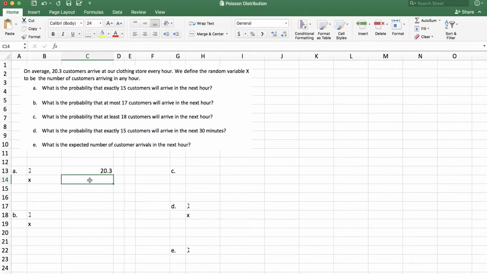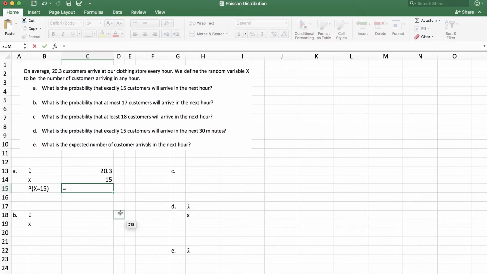I am interested in calculating the probability that exactly 15 customers will arrive in the next hour. So my X value is 15, and the probability I'm interested in is X equals 15, because the question is asking for exactly 15 customers.